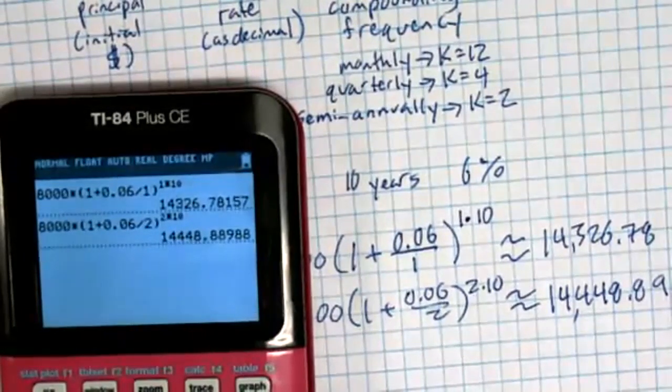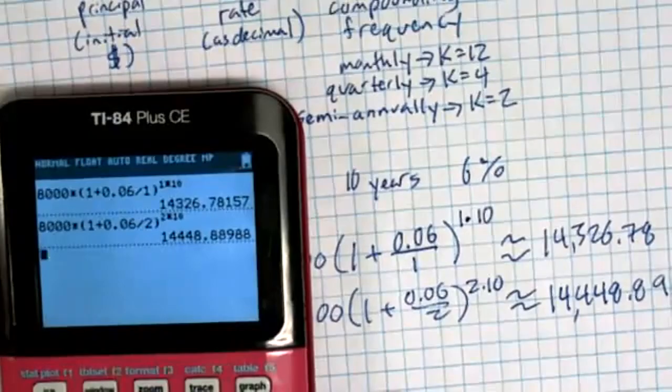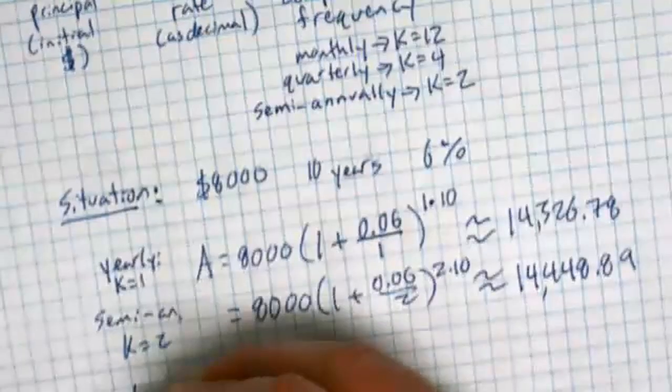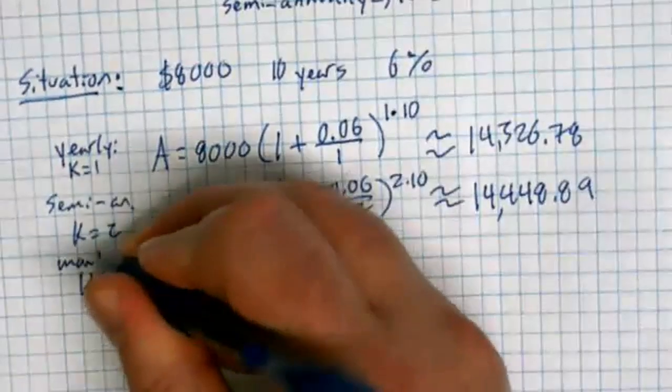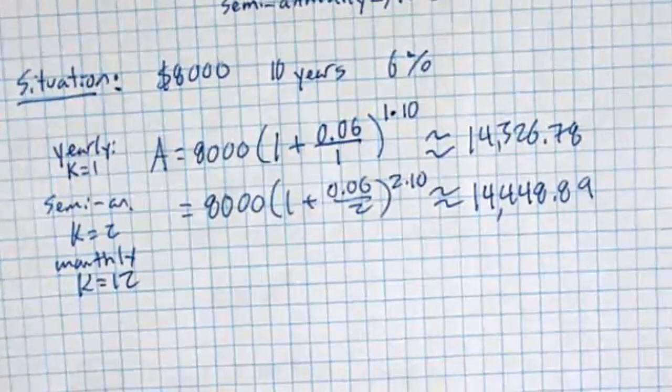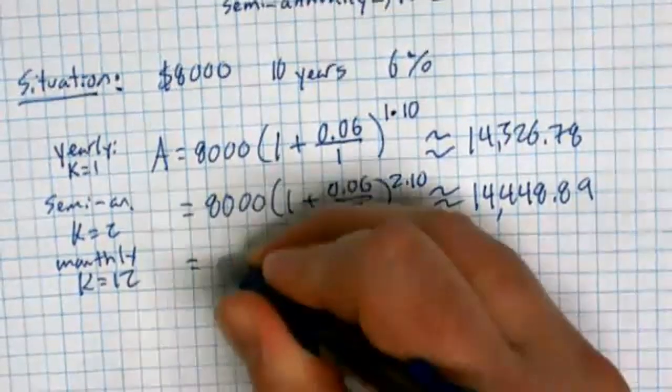So would you think that we'd be better off if we compounded it even further? Let's try it with K equals 12 instead. So monthly, we'd be doing monthly. And I'm going to write this out one more time.